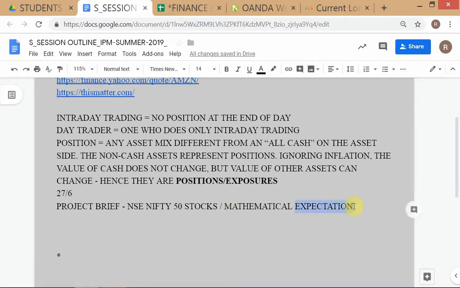In finance, we just call it expectation sometimes. Also called expected value. These are all the same thing. These are all probability weighted average outcome. Please revise it from your QT2 notes. Make sure your concepts are clear on these things. Very basic concept in finance.